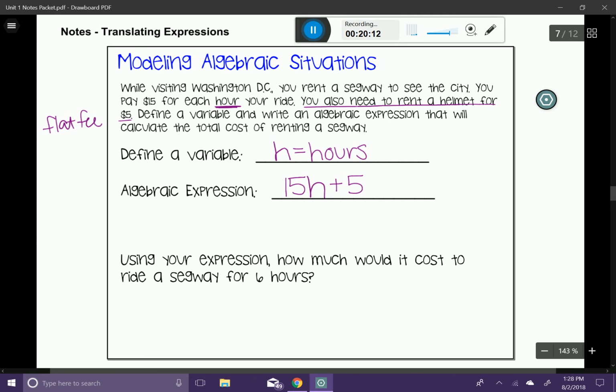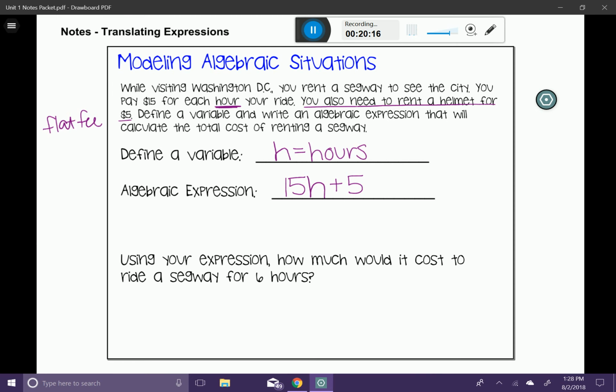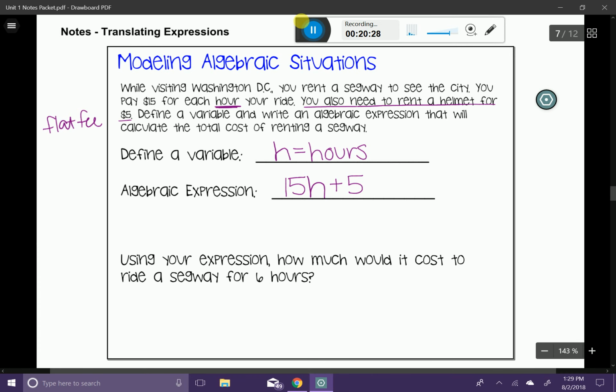Now, using this expression, I can figure out if I want to spend 3 hours on the Segway, how much is it going to cost me? If I want to spend 10 hours on the Segway, how much is it going to cost me? That's the expression that will answer all of those questions for me. So let's go ahead and answer the bottom question. Using your expression, how much would it cost to ride a Segway for 6 hours?